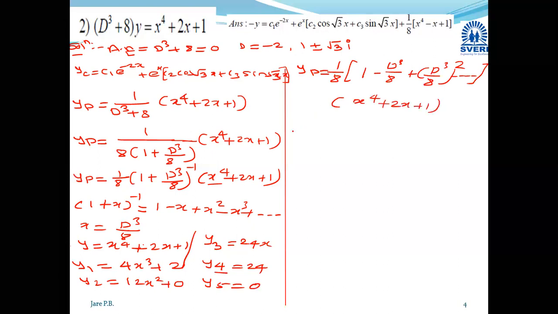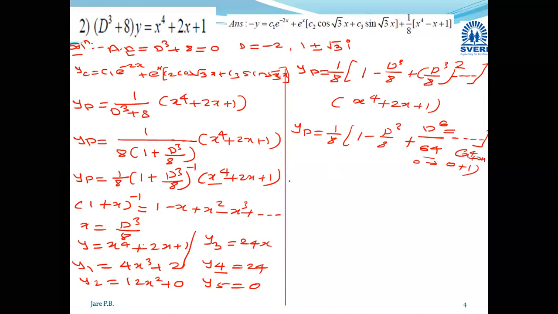So yp equal to 1 by 8 (1 minus D cube by 8 ...). Here, D cube squared by the law of indices gives D raised to 6 by 64 minus so on. Here D raised to 6 means the power is higher, so the derivative will be 0, and the higher terms will also be 0. Okay, we neglect that term operating on x raised to 4 plus 2x plus 1.